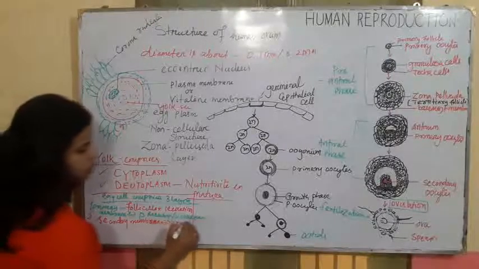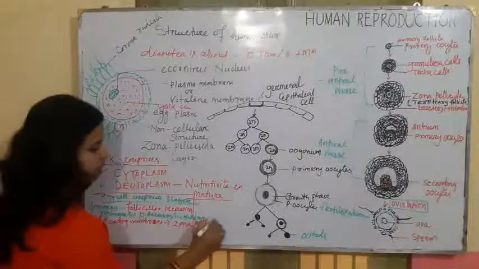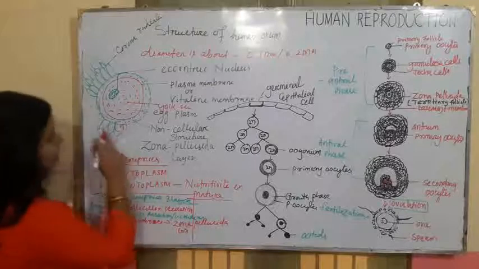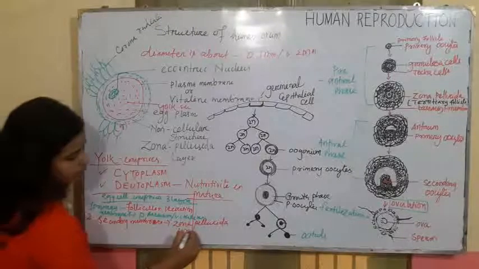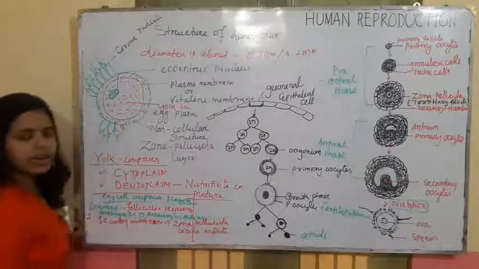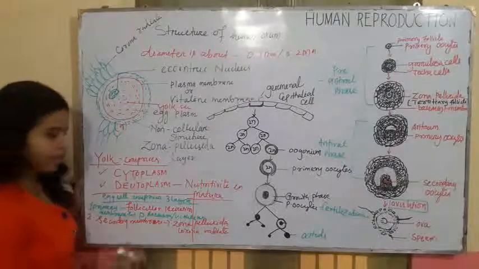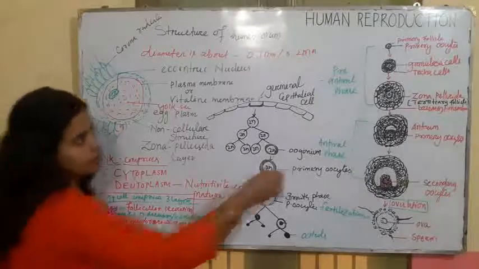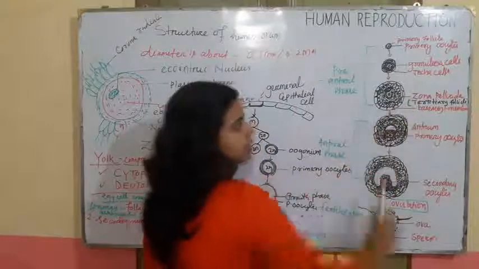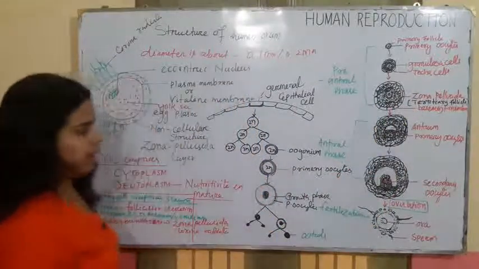For example, the zona pellucida, or you can say another one is the corona radiata. This is the second layer, which is again formed by the follicular secretions, right? Here the follicles themselves form a layer, that is called the zona pellucida layer.